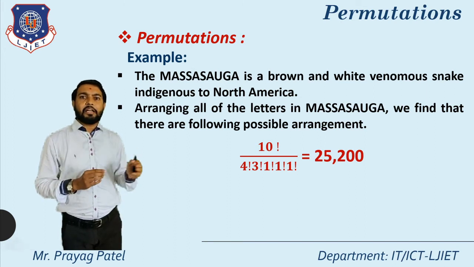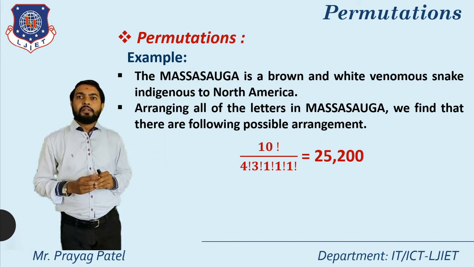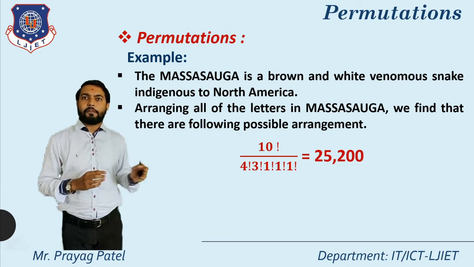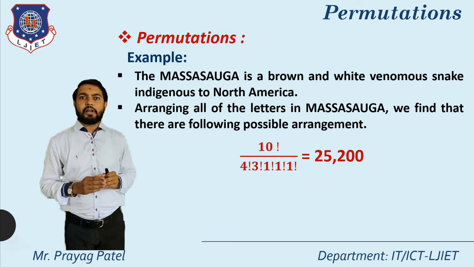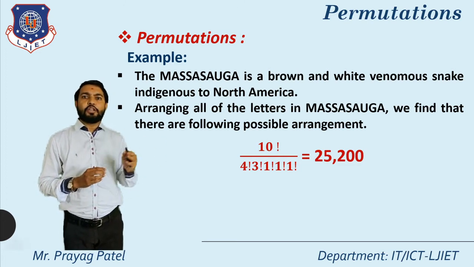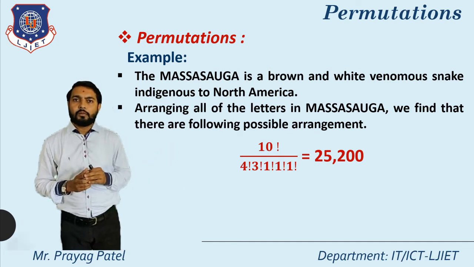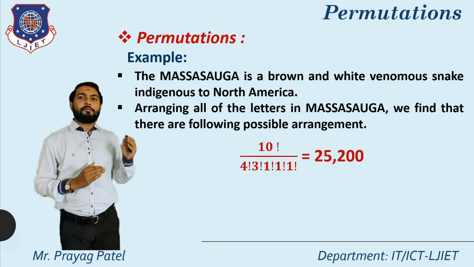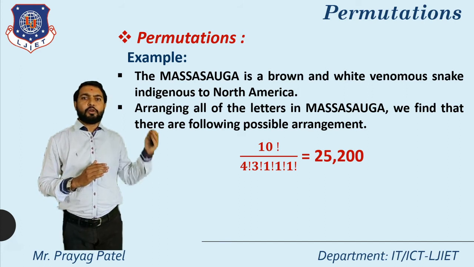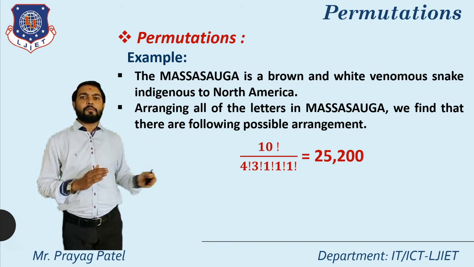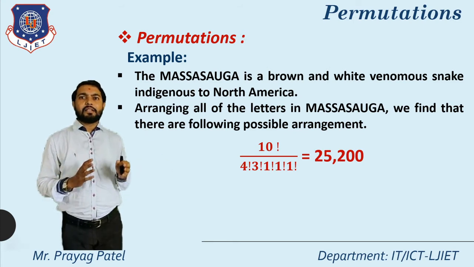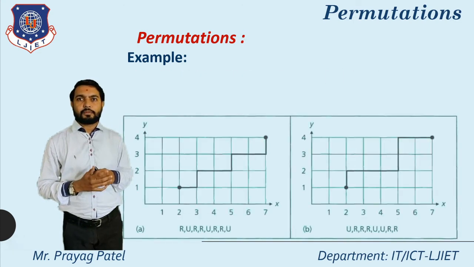S is repeated 3 times, that means 3 factorial. M is used 1 time, so 1 factorial. U is used 1 time, so 1 factorial. And G is used 1 time, that means 1 factorial. So 10 factorial divided by 4 factorial into 3 factorial into 1 factorial into 1 factorial into 1 factorial means 25200. So this is a simple example of permutations.